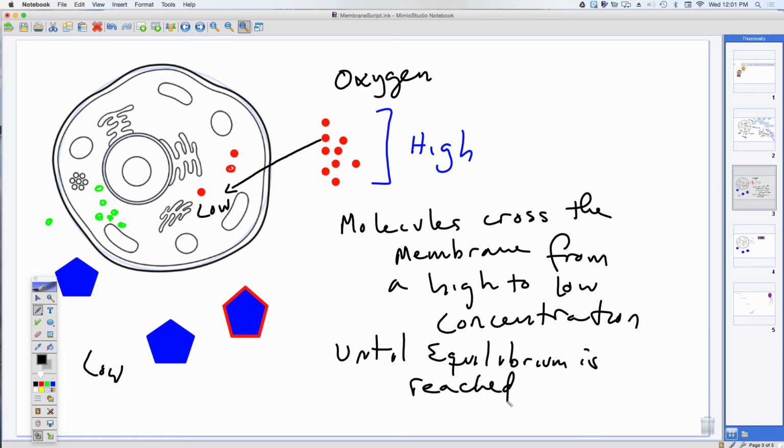And the process that allows this type of molecular movement is, pausing for you to think about it, diffusion.